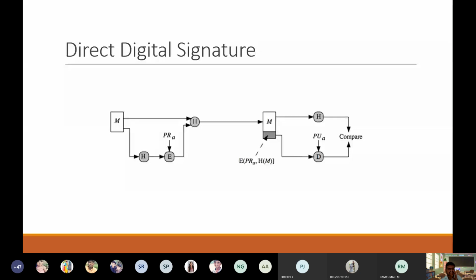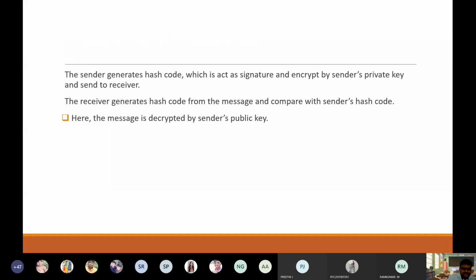So this is a direct digital signature. As we already said, both the sender and receiver know the public key of both of them, and they also trust each other. Clear? So this is a simple process, known as direct digital signature.